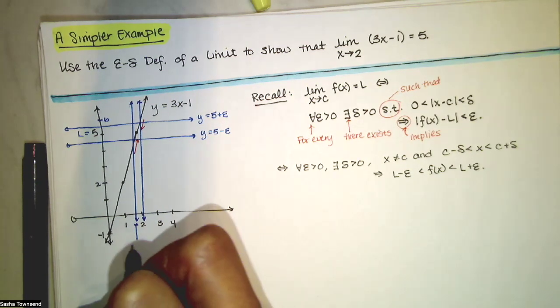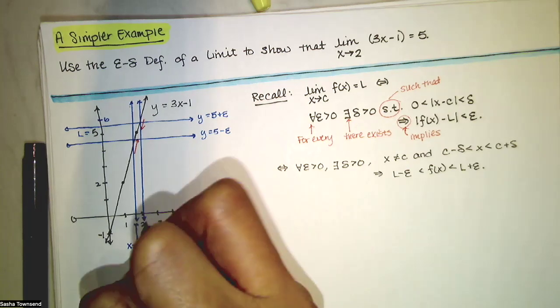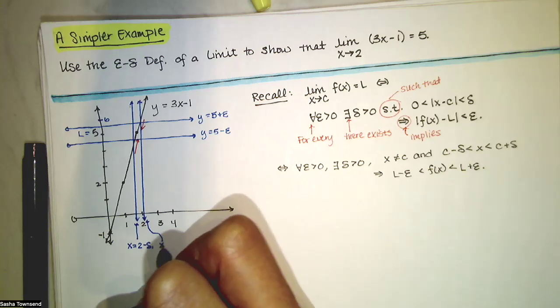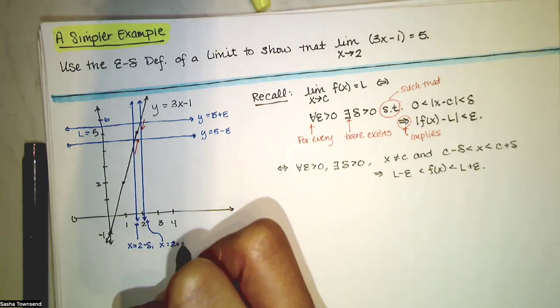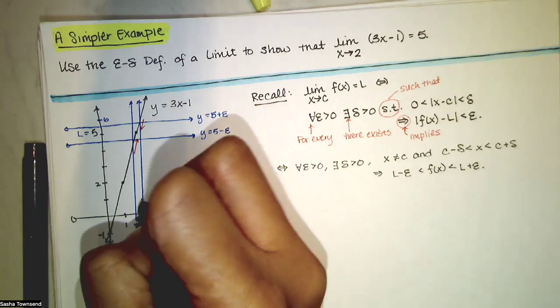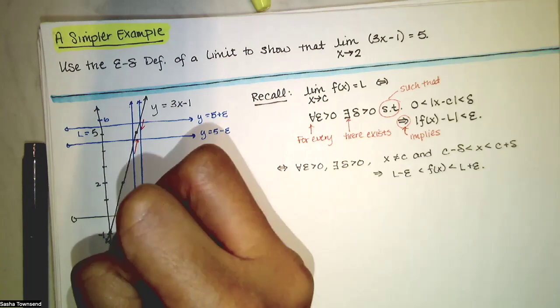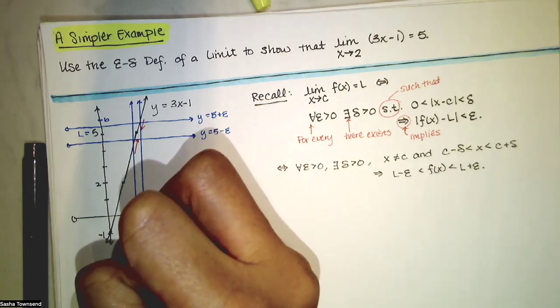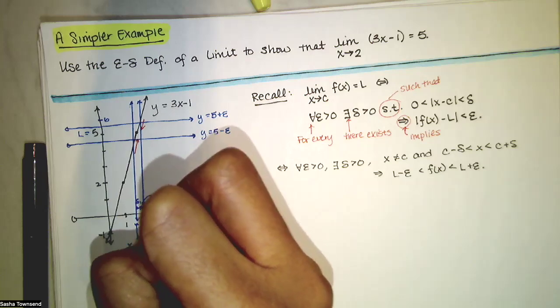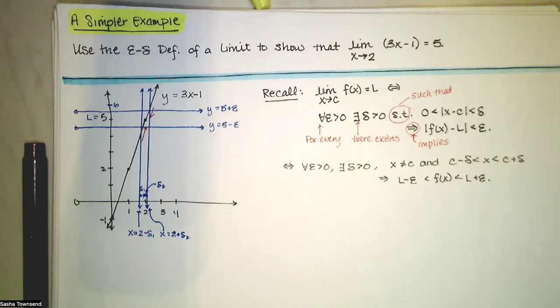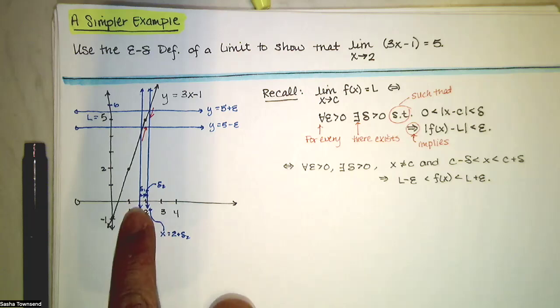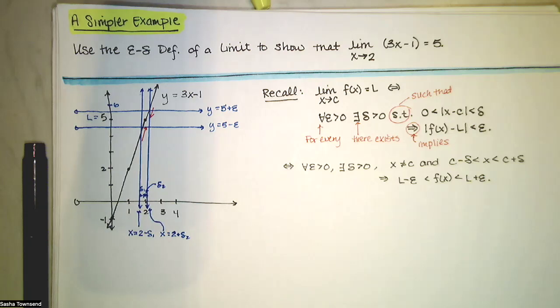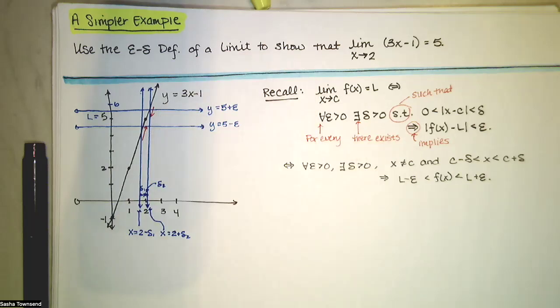This is supposed to be x equals 2 minus delta 1. And this is supposed to be x equals 2 plus delta 2. Delta 1 is the distance from here to here, and delta 2 is the distance from there to there. Now, because my graph is not to scale, it looks like delta 2 is smaller than delta 1. But it turns out that they're actually the same in this example because it's a line, but we'll see.